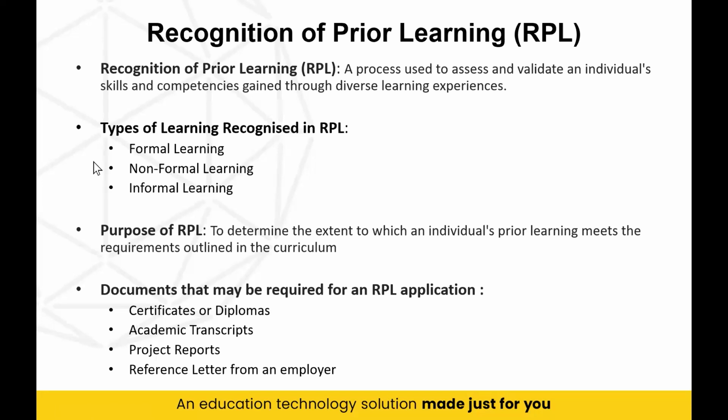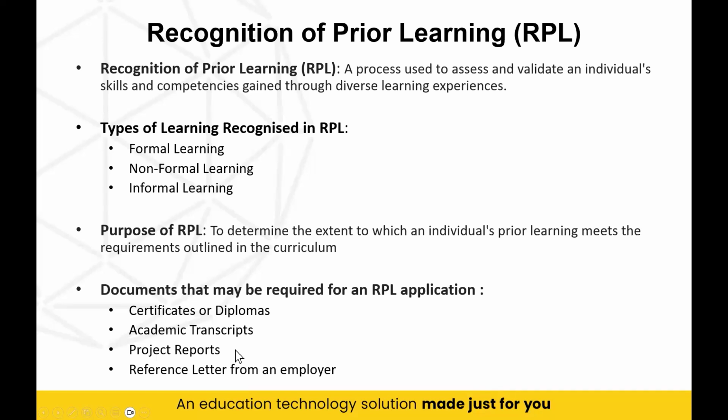As we mentioned before, the purpose of having this RPL is to determine the extent to which an individual, how much they know and their previous experience. If it is all aligned with our current curriculum, then we can exempt them from doing specific subjects. Some common documents the college would need are proof of the certificate or diploma, as well as the transcript.